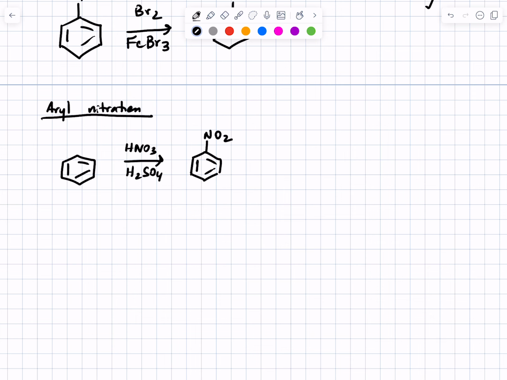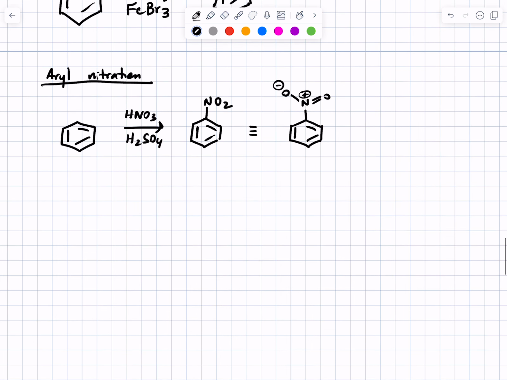It may be useful to you at this point to draw the Lewis structure of the nitro group, just so that you remember what it looks like, because its structure is going to become important a little bit later in this chapter. Okay, and there are reasons you'd want that nitro group to be there, and I'll illustrate that in just a little bit.